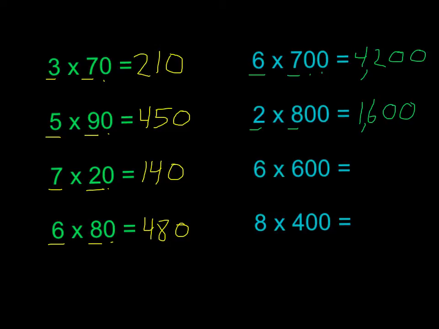We have our next one. 6 times 6 is 36. We have our 2 zeros, and we get 3,600, which could be renamed as 36 hundreds. And then we have 8 times 4 for 8 times 400. 8 times 4 is 32. And because it's 100, I'm going to go ahead and put in my 2 zeros. I get 3,200, or 32 hundreds if it was renamed.